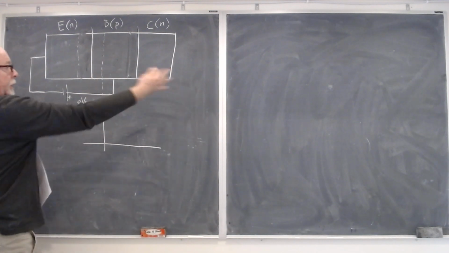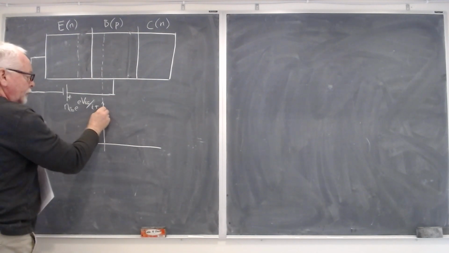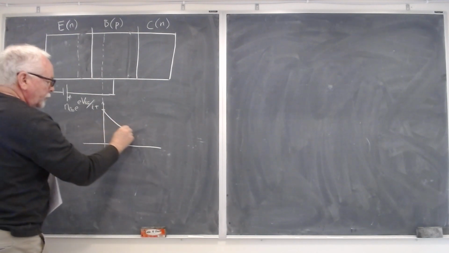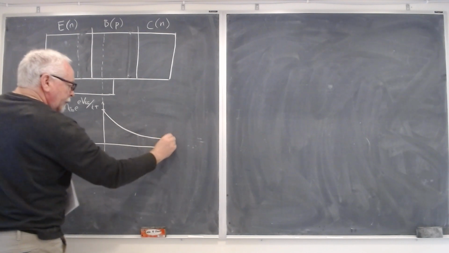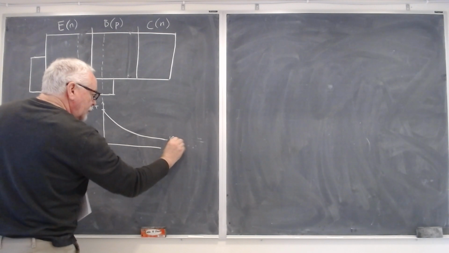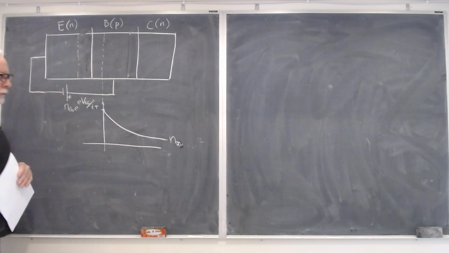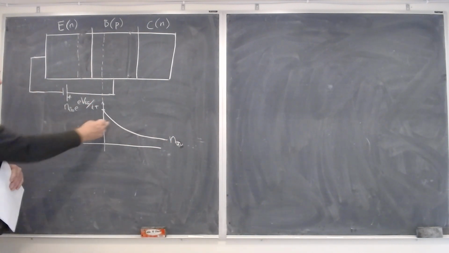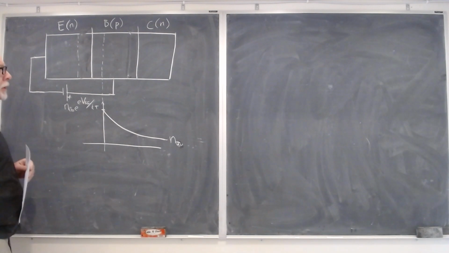If we did have the collector over there, you've learned that the solution would be something like that, where this would go to n_b0, and that would go as e to the minus x over L.